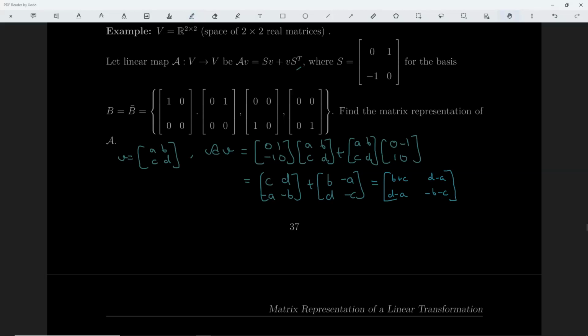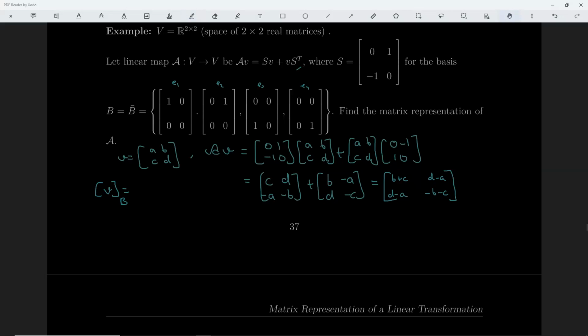By the way, what is the representation of this V vector with respect to basis B? If it is A, B, C, D, and these basis vectors are called E1, E2, E3, and E4, it's A times E1, B times E2, C times E3, and D times E4 that gives V, right?